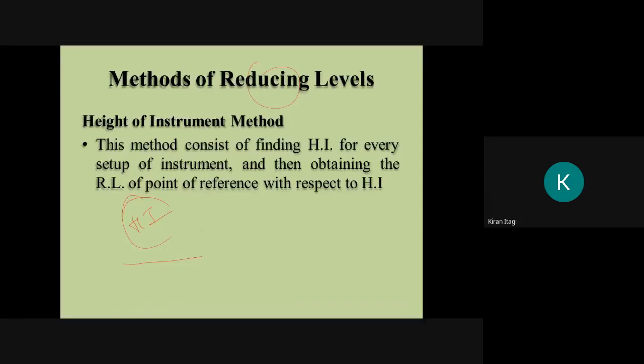Here I have got staff reading as 1.2 meter, and for that I have got level as 100.